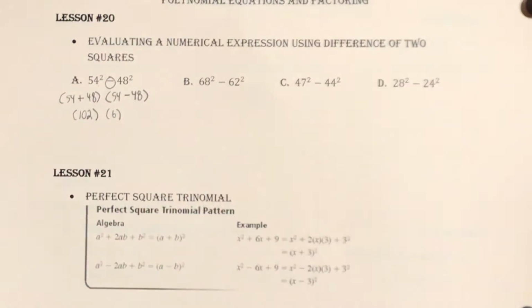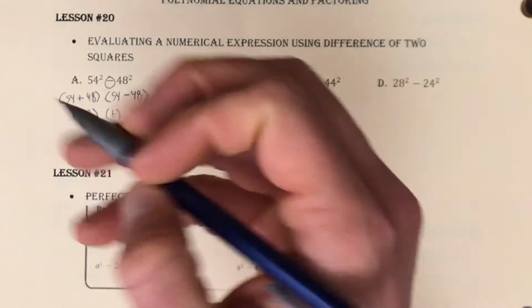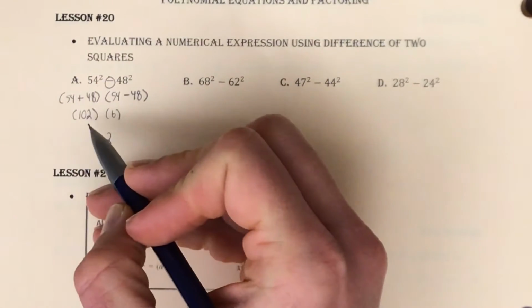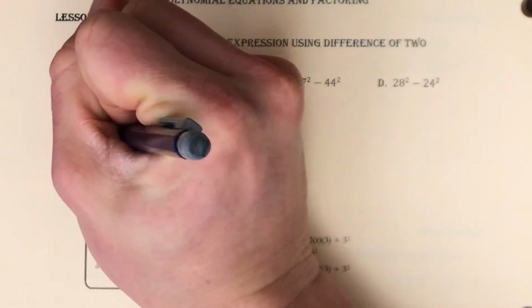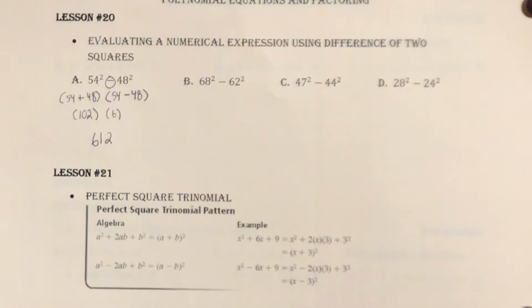So now we've got one substantially smaller number, and I can just do that basic multiplication to get my final answer. 6 times 102. 6 times 2 is 12, so bring the 2 down, carry the 1. 6 times 0 is 0 plus the 1 is 1. And then 6 times 1 is 6. So 612. There we go, we've got our final answer, all by using the difference of two squares.